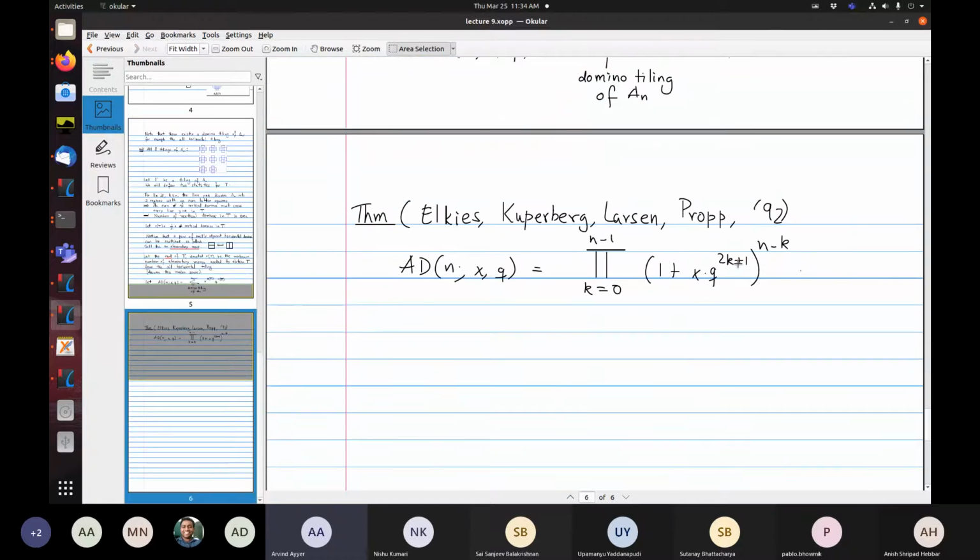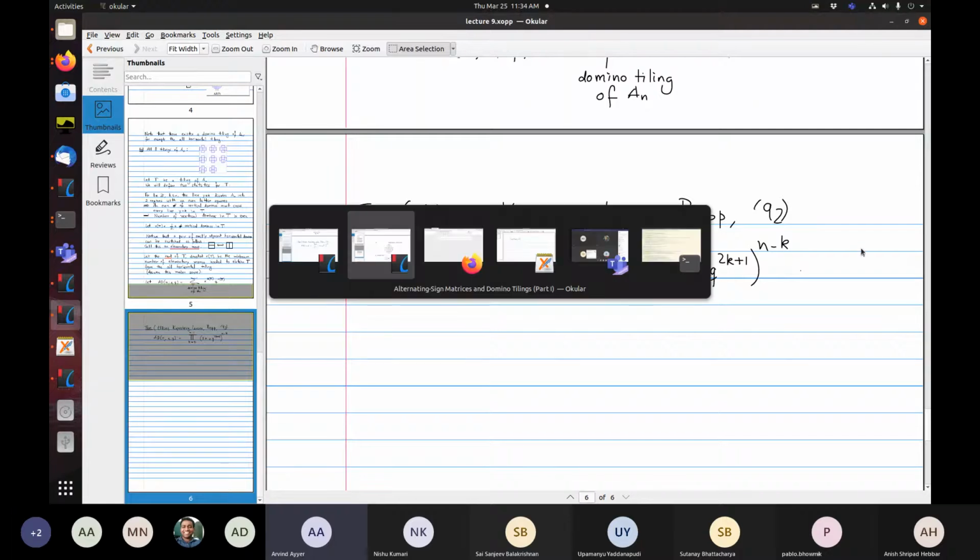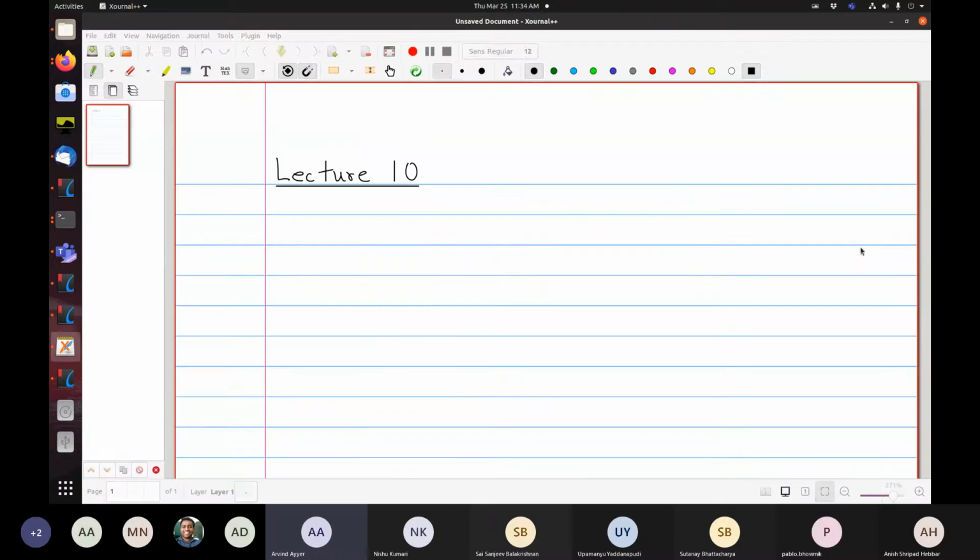And the theorem of Elkies, Kuperberg, Larsen, and Propp is that AD of n, x, q is this nice product formula. So today I will first mention some immediate corollaries of this.